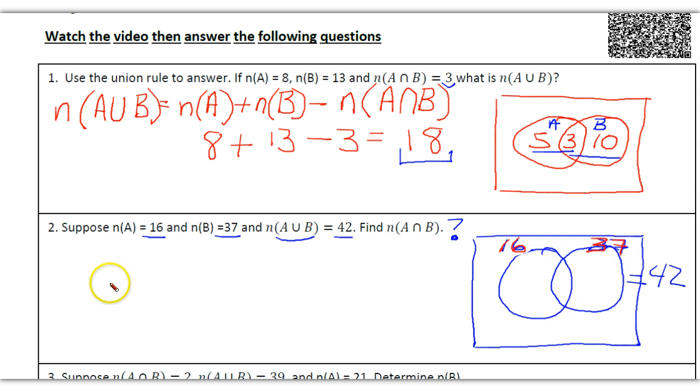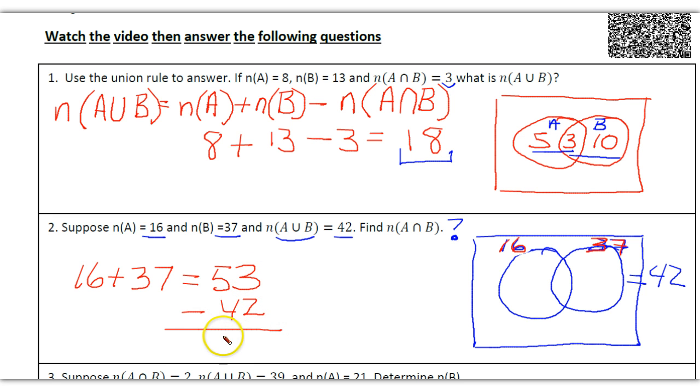But if we add these up now, 16 plus 37, that's going to be 53. But we know our total is only 42. So if we subtract 42 now from 53, that's going to give us 11. So now we know what our middle group is right here, 11.